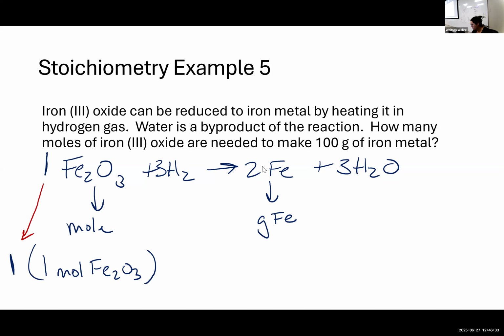And then here, this would be the molar mass of Fe, and I have to bring down that coefficient. That's the only thing that we need for this dimensional analysis.